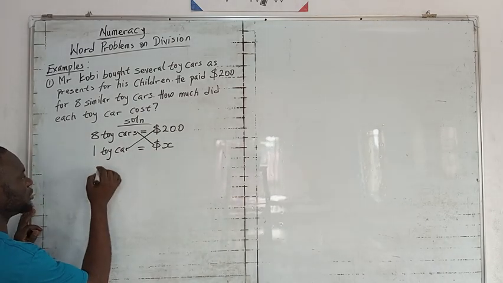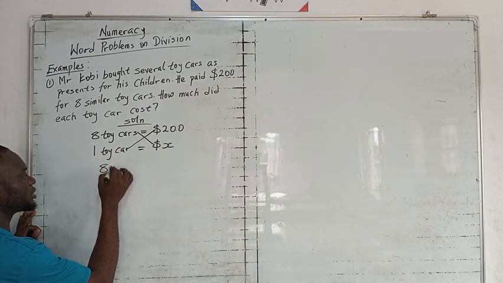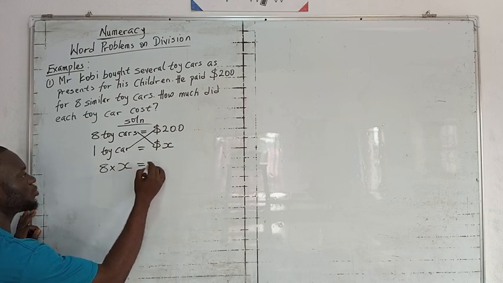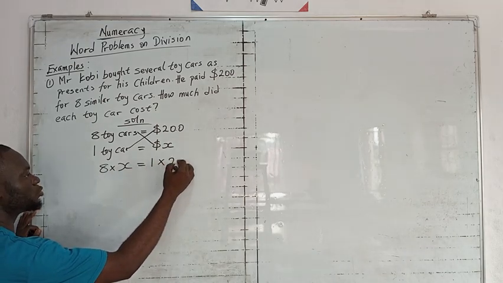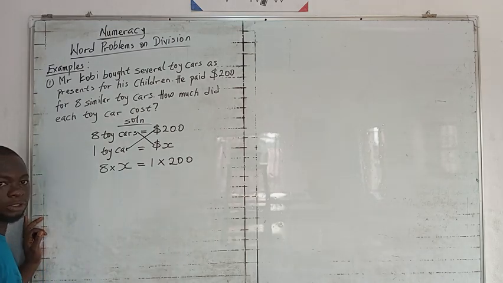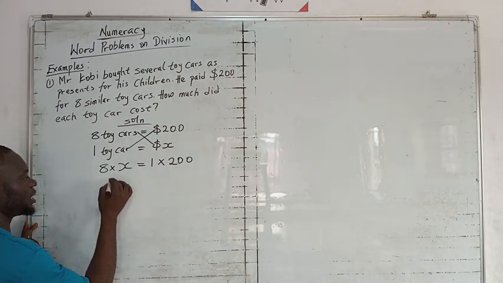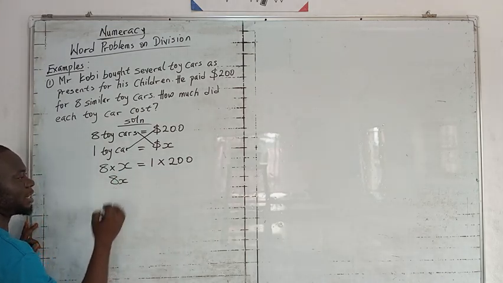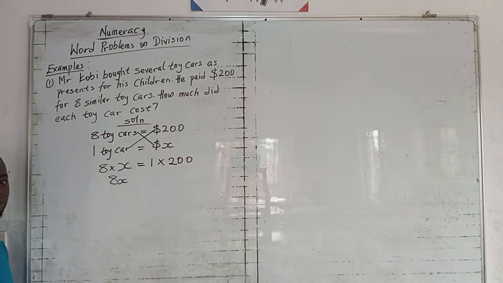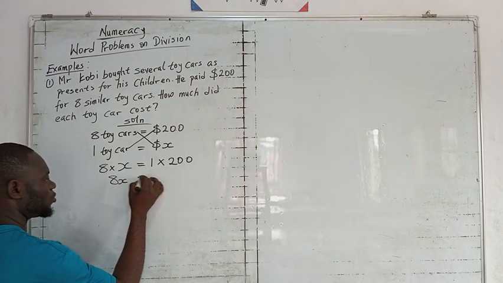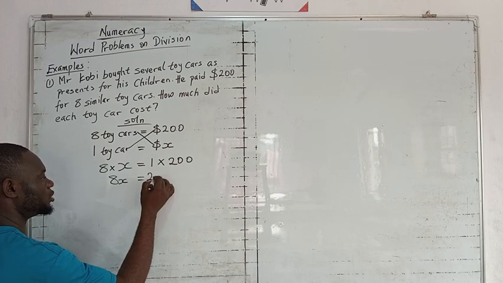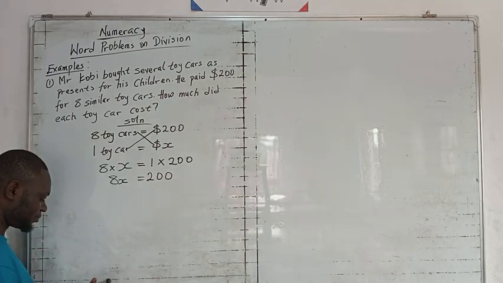So looking at this, we now have 8 times X is equal to 1 times 200. 8 times X is 8X. 8 becomes a coefficient of X, right? Equals 1 times 200, which is 200.